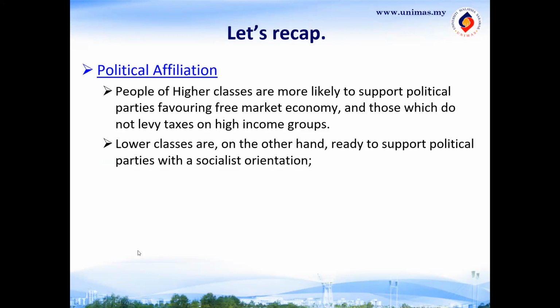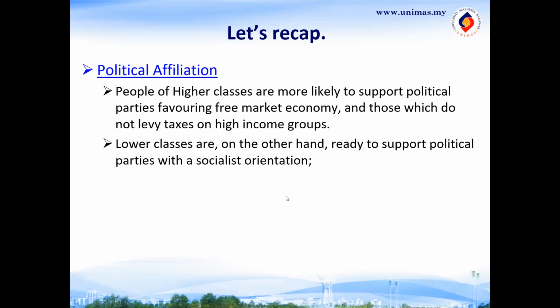And in terms of political affiliation, people of higher classes are more likely to support political parties favoring free market economy. Ini macam di Amerika tadi lah. So those which do not levy taxes on high income group. Ya, bagi mereka tu lebih suka kalau high income group tu cukainya diturunkan instead of ditambahkan.